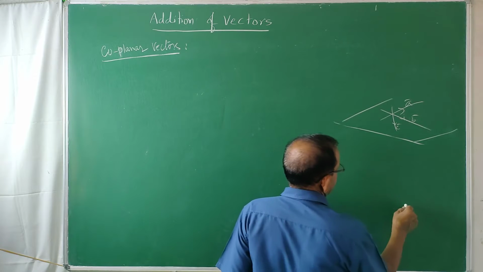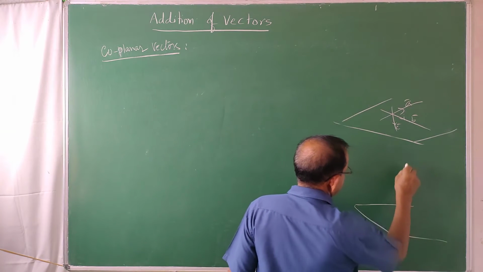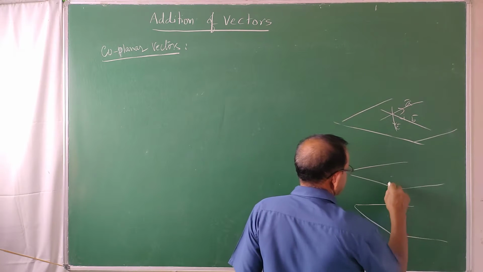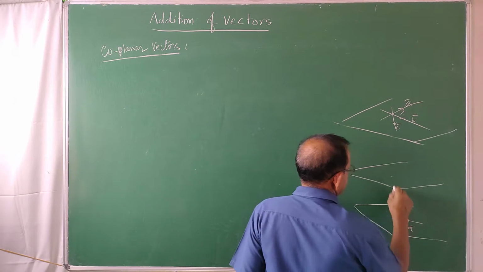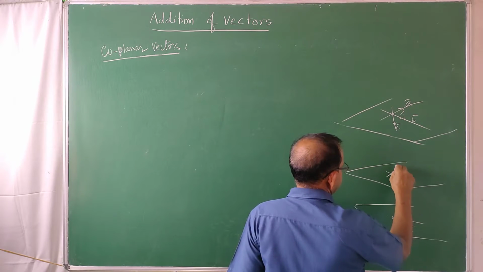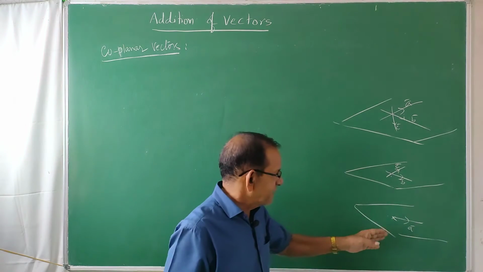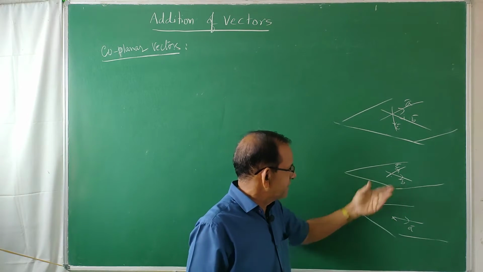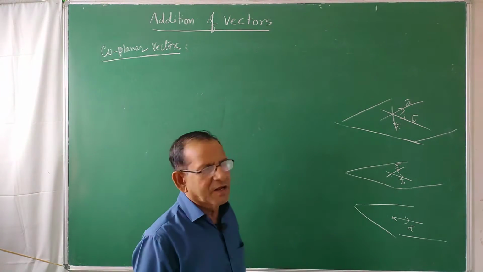Suppose another plane like this. This is one plane, and this is a parallel plane to this one. Only one vector, a bar, is there, and this is the plane which contains b bar and c bar. This plane is parallel to this plane. Then also we say that a bar, b bar, c bar are coplanar.